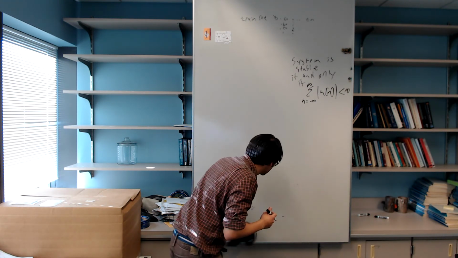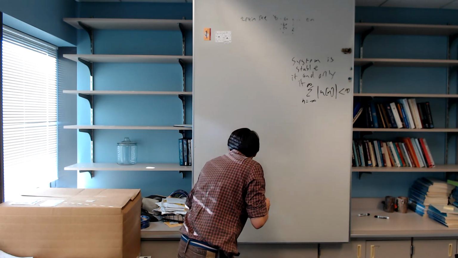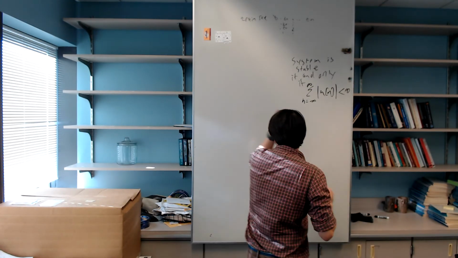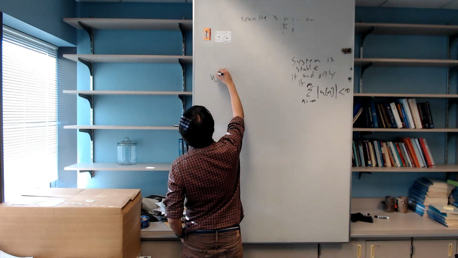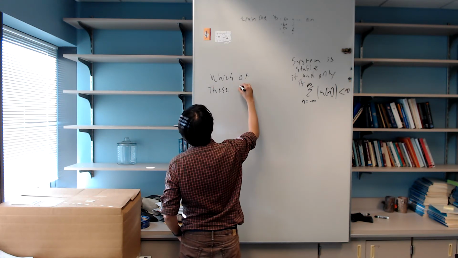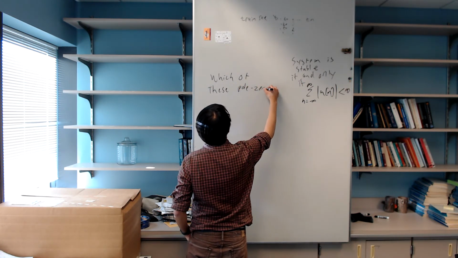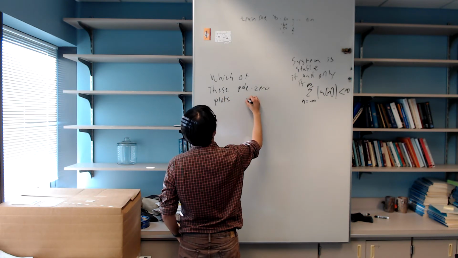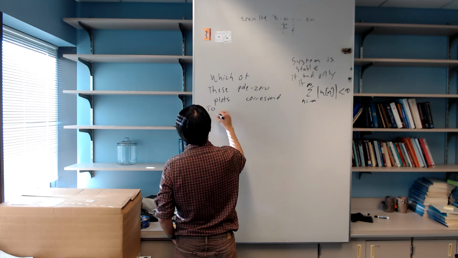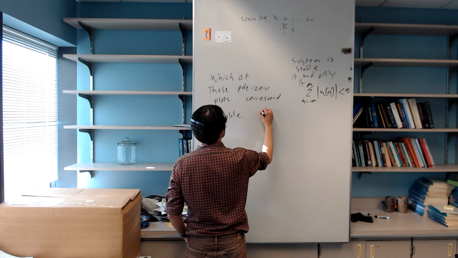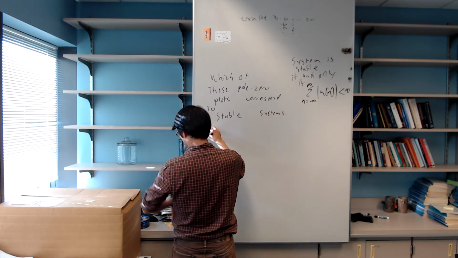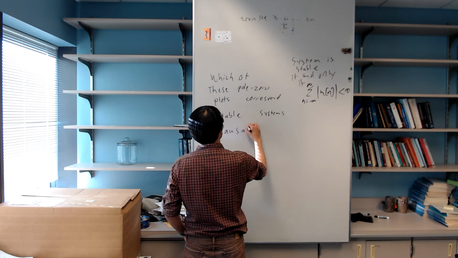So let me just do a few examples, and then you can work them out for yourself. Let's see which of these pole zero plots correspond to stable systems and causal systems.